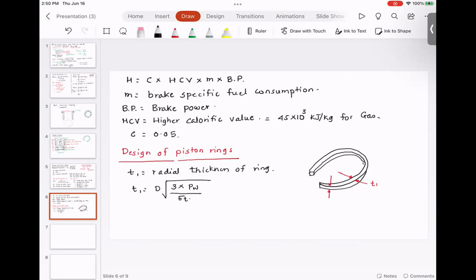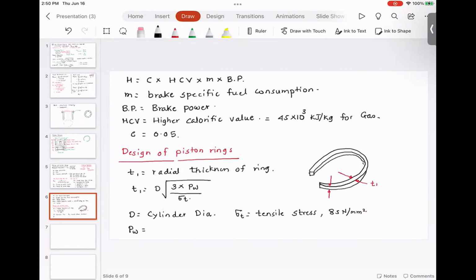So D is the cylinder diameter. Sigma T is the tensile stress (85 Newton per millimeter square).